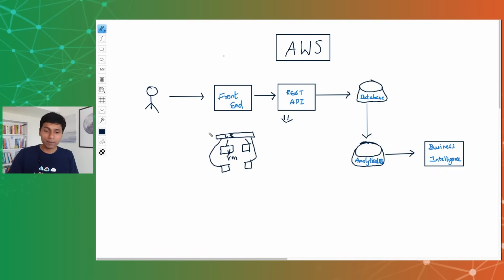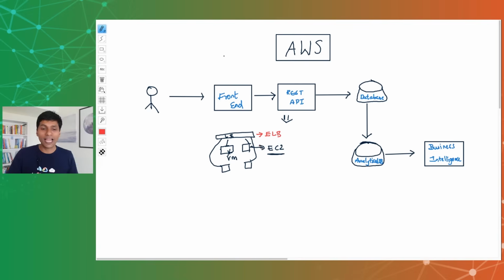And if you're implementing this kind of an architecture in AWS, what you can make use of is something called EC2, Elastic Compute Cloud. Elastic Compute Cloud is the compute service in AWS. And if you'd want to do load balancing, what you would need to do is to use something called Elastic Load Balancer.